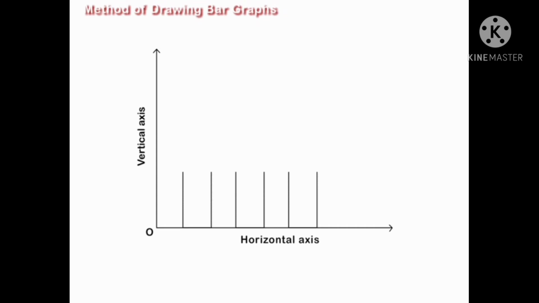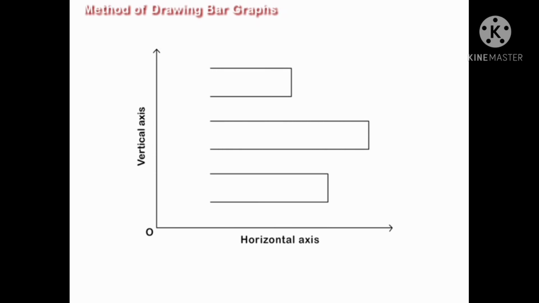Step 1. Draw a horizontal and a vertical line such that they meet at a point O. The horizontal line is named as the horizontal axis and the vertical line is named as the vertical axis. Now draw bars of equal thickness on the horizontal line using your ruler.